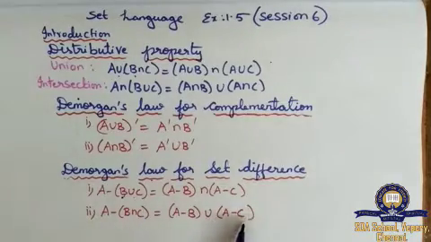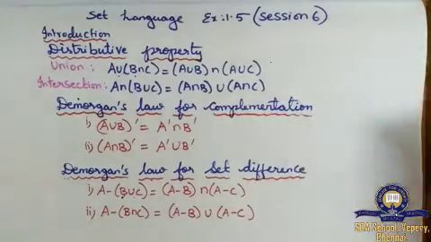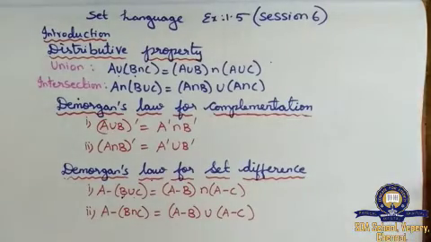Then A minus C. Keep on writing and seeing the commutative property, associative property, distributive property, De Morgan's law for complementation, De Morgan's law for set difference, so that you will be able to know which property you are going to use.